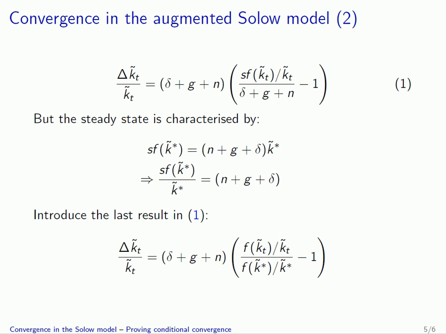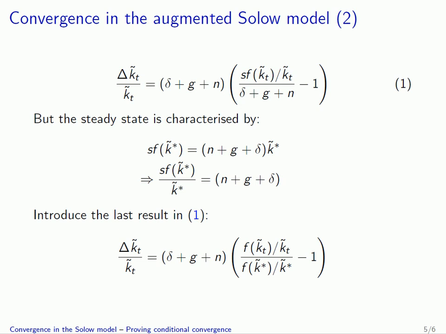Now, this last result can be plugged back into equation 1, so that I replace the n plus g plus delta in the denominator inside the parenthesis by f of k tilde star divided by k tilde star. So we get this quite important expression in terms of convergence.